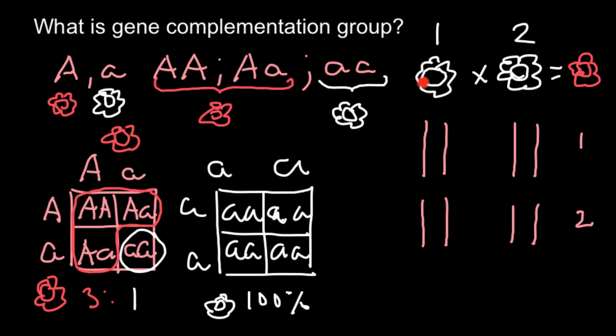So these are just different strains of the same species, and let red pigment be under control of 2 genes. So in order for the red pigment to be produced, we need at least one normal allele for chromosome number 1 and at least one normal allele for chromosome number 2.